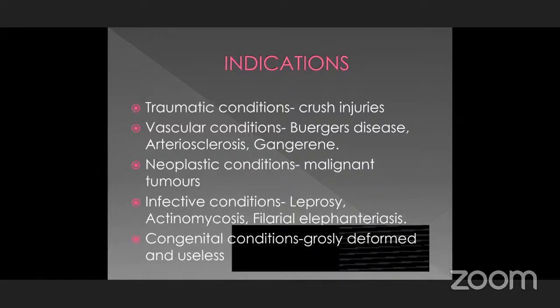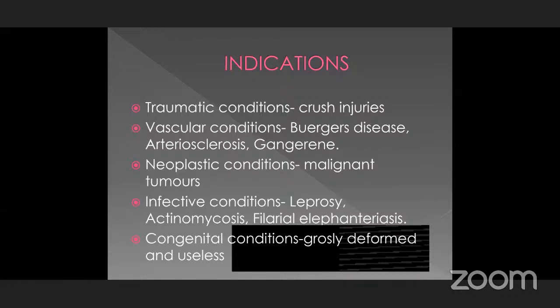And then vascular conditions: Buerger's disease, arteriosclerosis, gangrene. Buerger's disease is an artery and vein disease formed in the hands and also in the legs. Arteriosclerosis is a hardening of the arteries. Gangrene is a condition caused in diabetic patients.